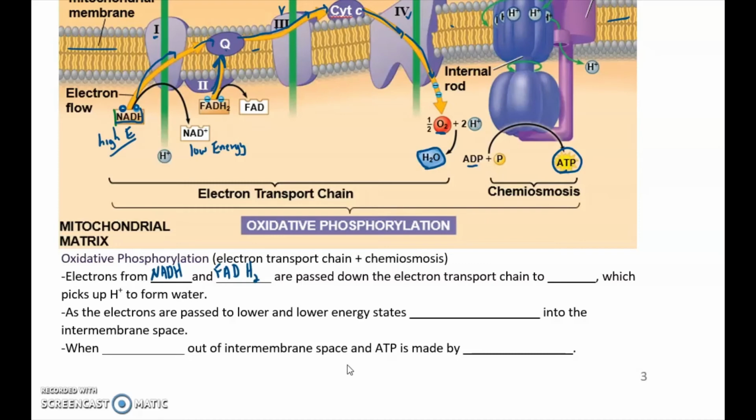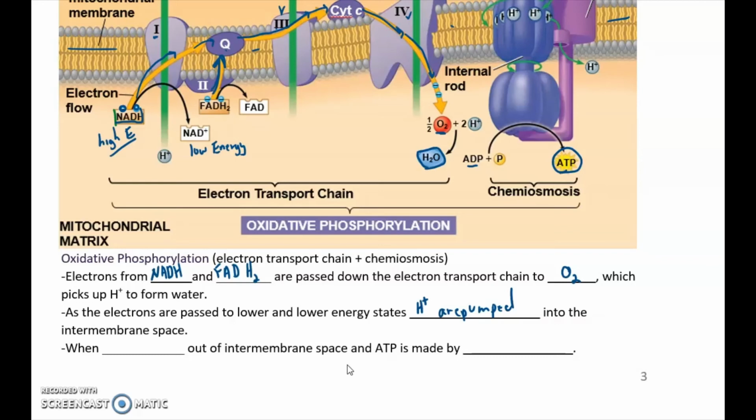Okay, so the electrons from these compounds are passed down the electron transport chain, and they eventually end up on oxygen, which picks up protons to form water. As the electrons are passed to lower and lower energy states, hydrogen ions are pumped into the intermembranous space.